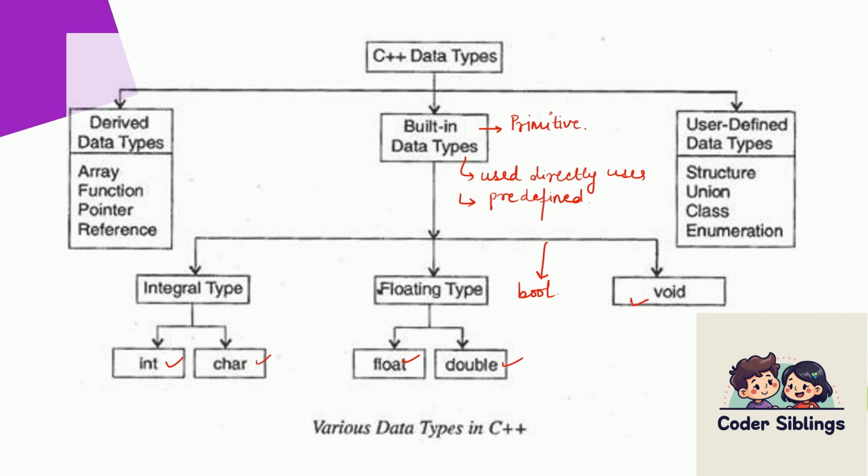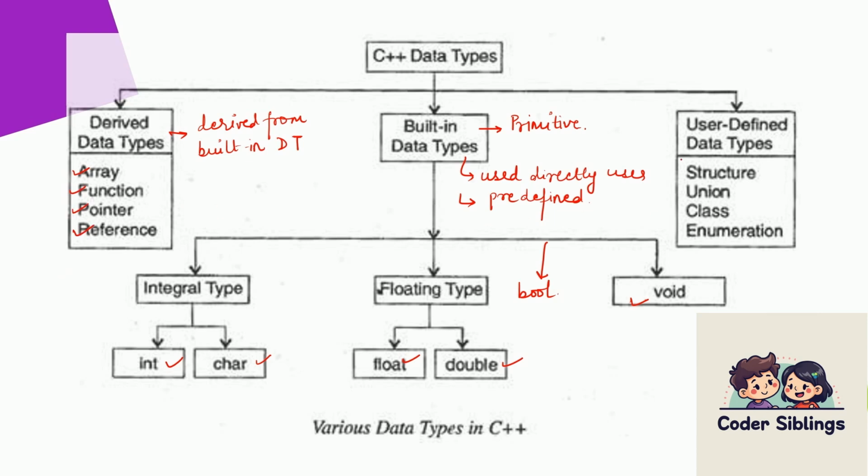Now derived data types. These are derived from the primitive data types, hence the name derived from built-in data types. I'm using DT as a short for data type. These can be of 4 types, which are array, function, pointer, and reference. We will further discuss all of these as well.